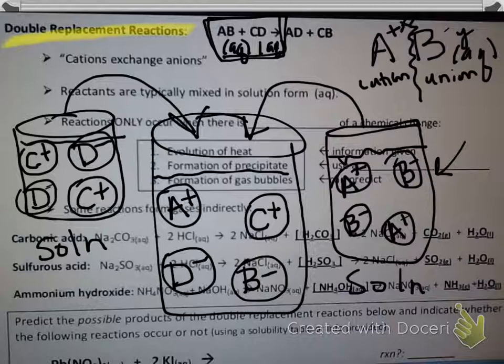If they're colliding along, because remember, they're in their pseudo-liquid state, they're in solution, these ions are moving around. They're translating through space, slipping and sliding with the water molecules and against one another. We know the cations are going to repel each other, because like charges repel, so A and C are not going to combine. But what happens if A comes up to D, and it says, I'm a cation, there's D, the anion.